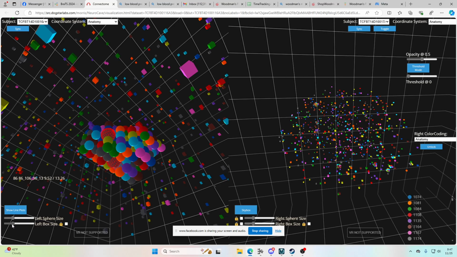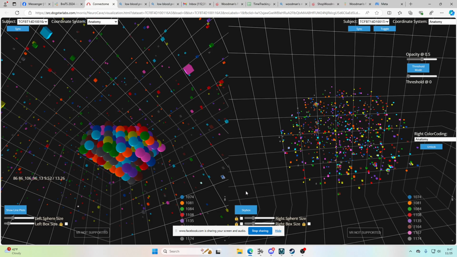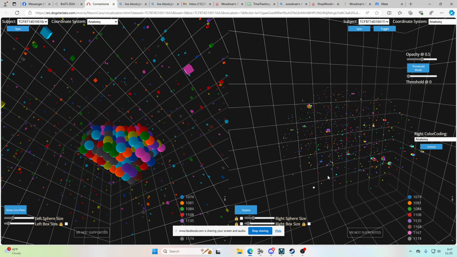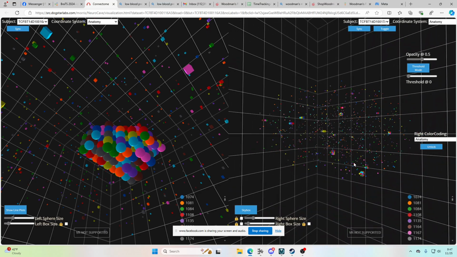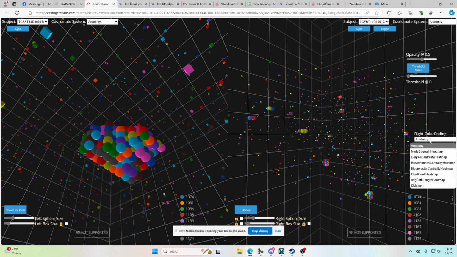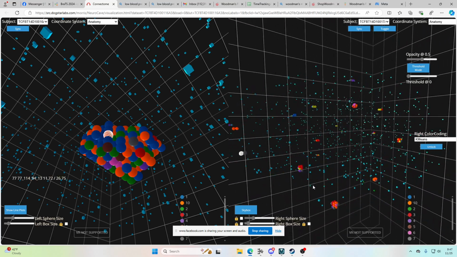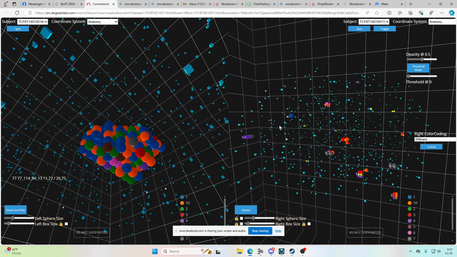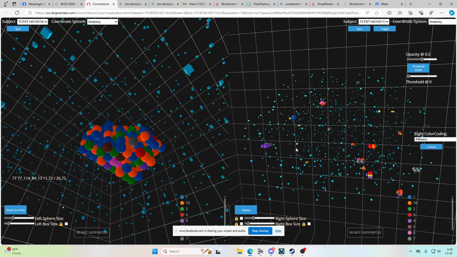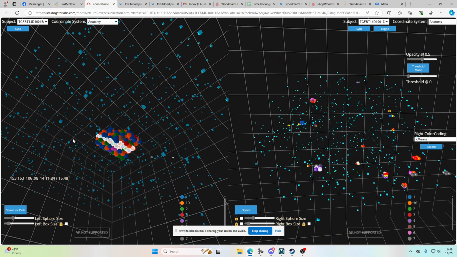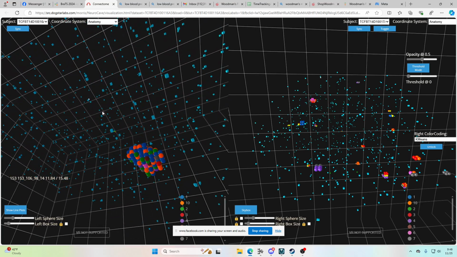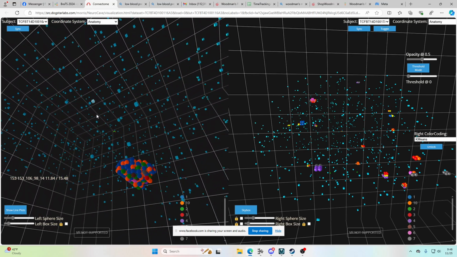You can use these sliders to adjust the size of the cubes so that they get smaller, and you can focus on the spheres. So these are the tumors, and I can adjust the color here. This is a clustering coloring. The healthy tissue is white or kind of light purple, whatever color it is.